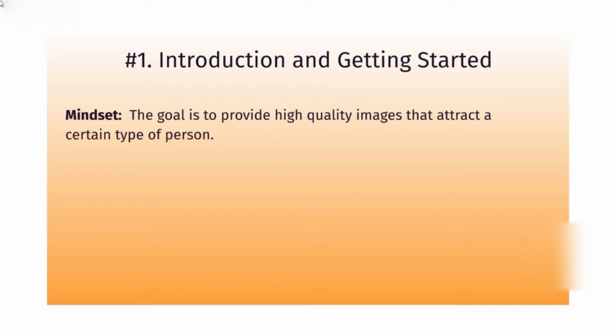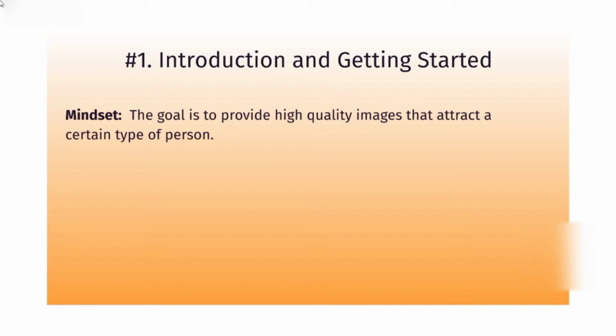You're going to have an image that shows up on Google image search, and people are going to click on the ones that best fit that keyword. So you want to make sure that you have a high quality image that attracts a certain type of person.